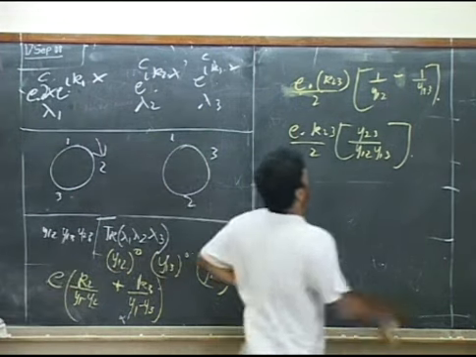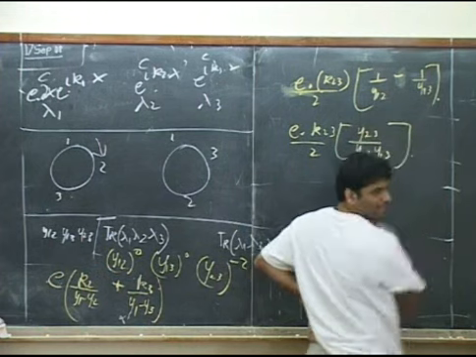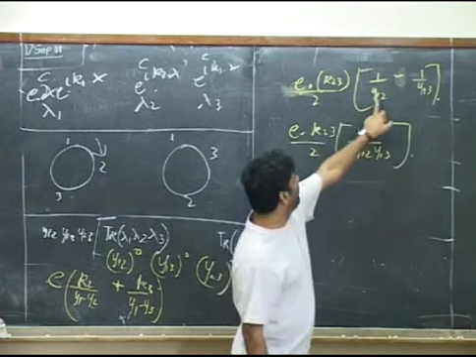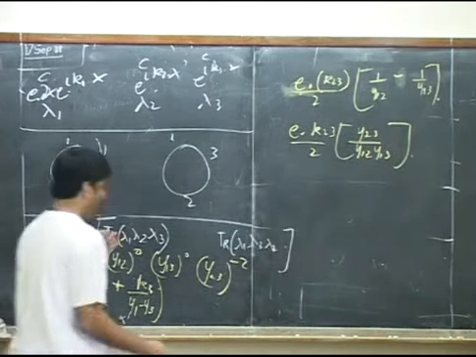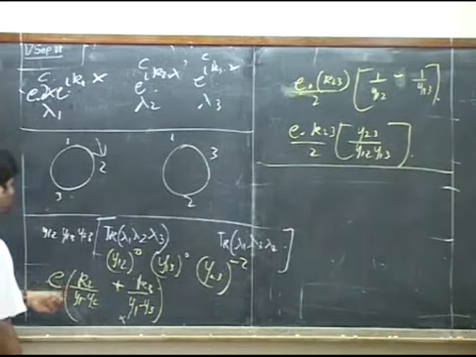It's y2 minus y3. Y12 is y1 minus y2. Okay? And okay, so now it all works.